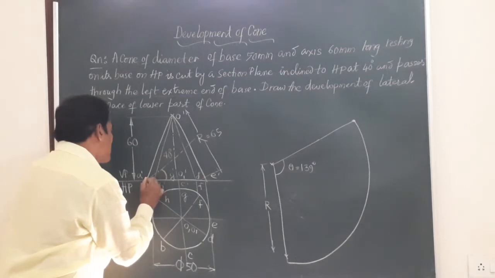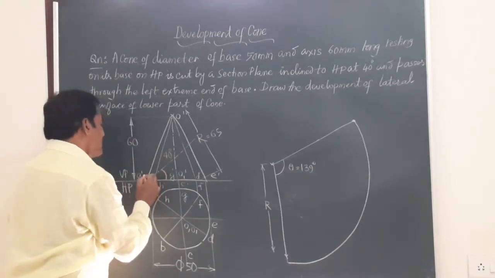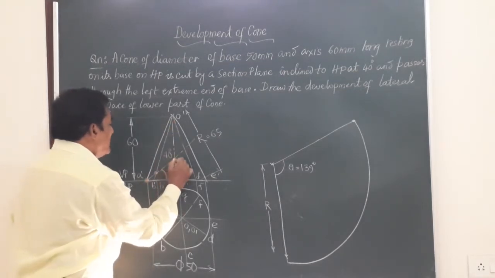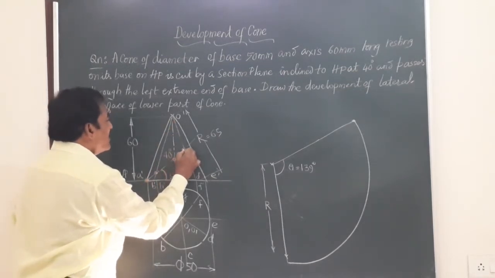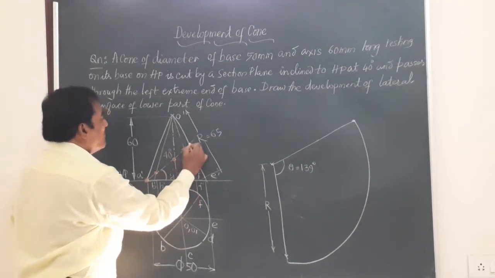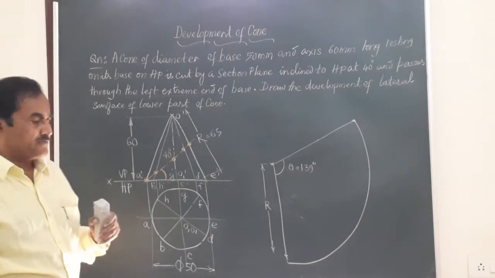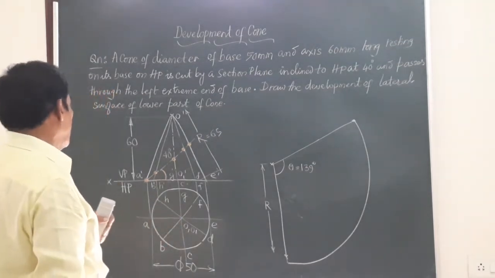Let me mark all these points. Passing through A, the generators OB and OH are cut here, OC and OG are cut here. On this you have got OD, OF. Finally on OE, these are the points where the solid is being cut.